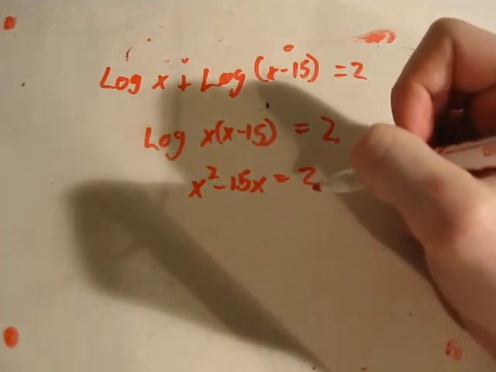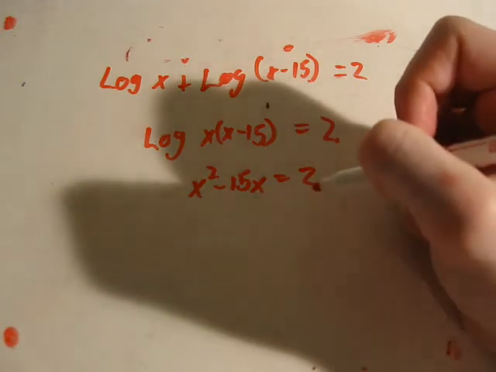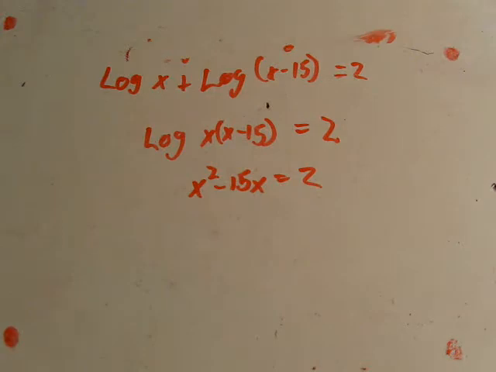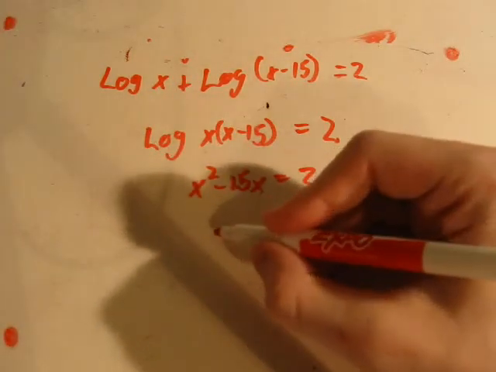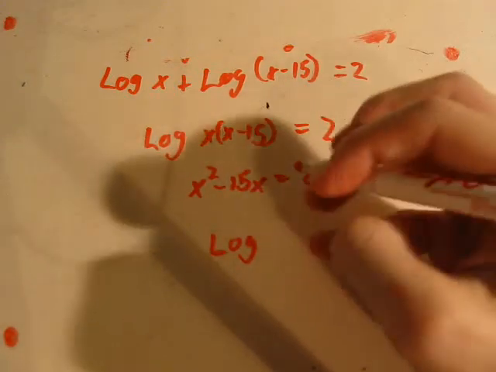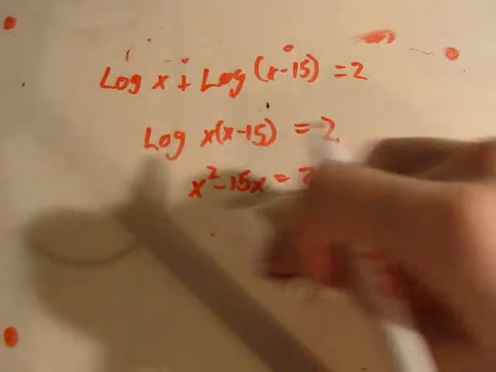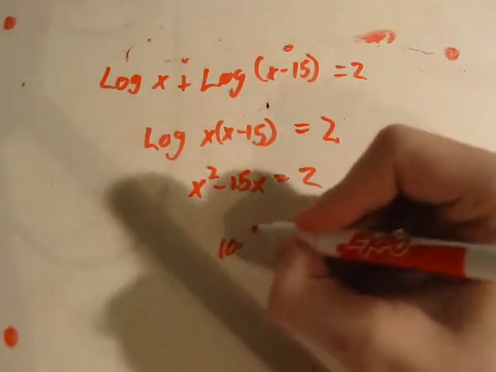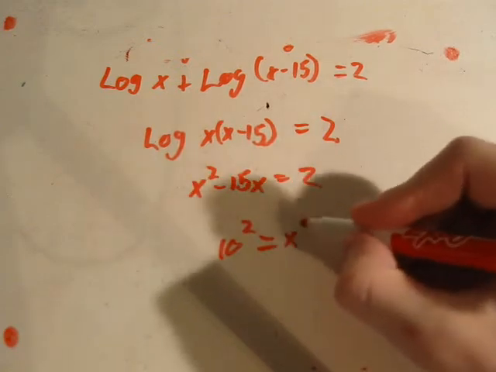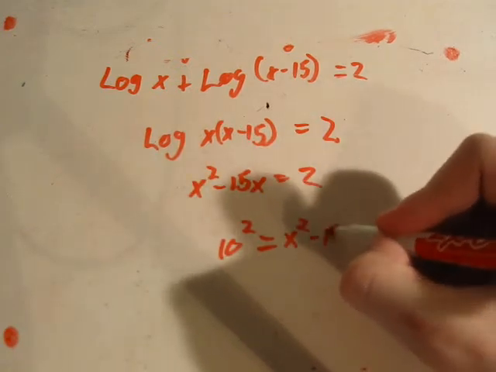Guess what? This is similar to a quadratic equation. So by doing these quadratic equations, we will notice that log base 10, you've got log base 10 to the squared power is equal to x squared minus 15x.